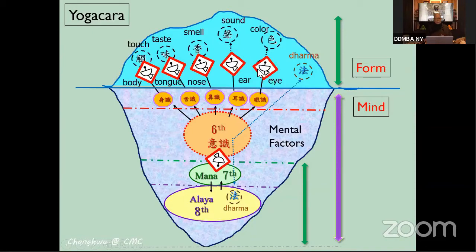These 5 organs are just like detectors or receivers.